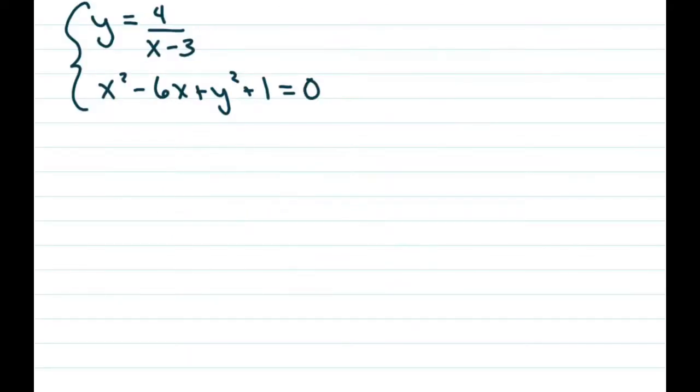So the hard part is going to be the algebra and using substitution. On the last one we did, we just substituted the y into this y here, but that's not going to work very well because we'd have to use the quadratic formula. So what I'm going to do on this one is solve for x. If you cross multiply, you get xy minus 3y equals 4.